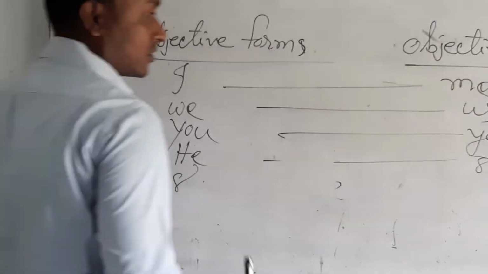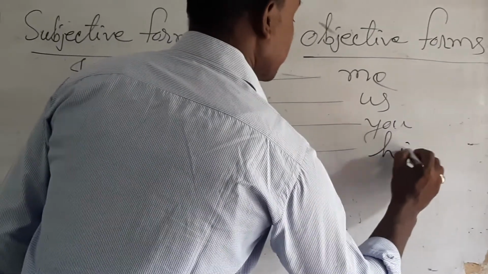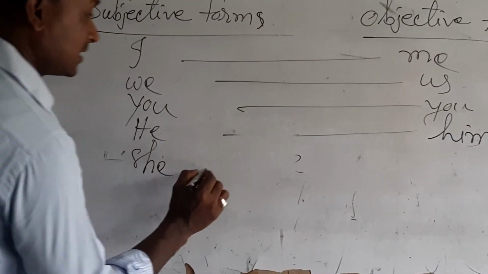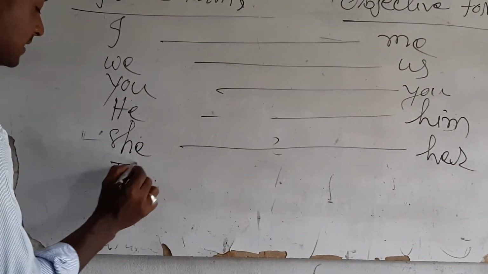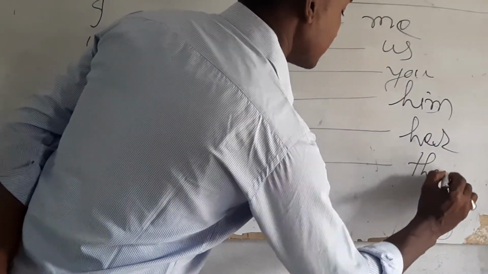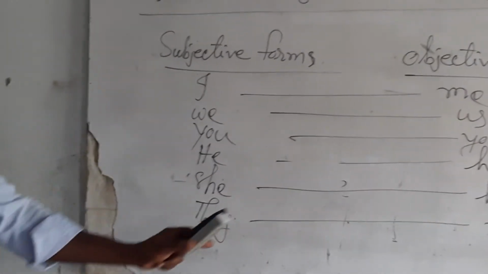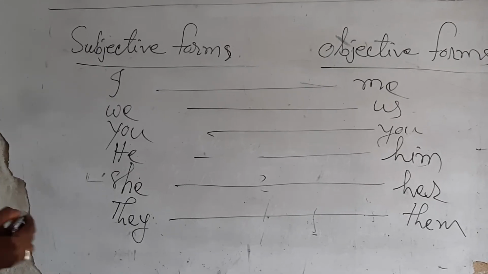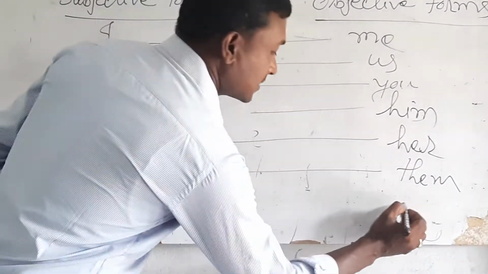He, him. She, her. They, them. That is a very important point. It always takes the same form in subjective and objective.